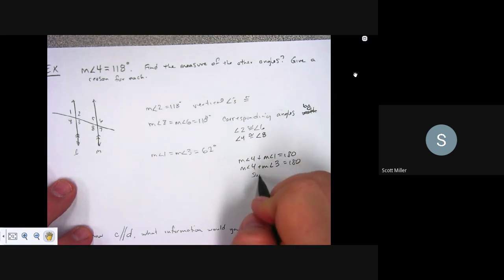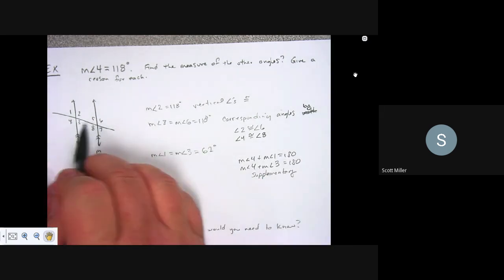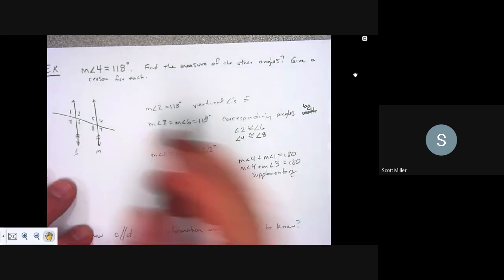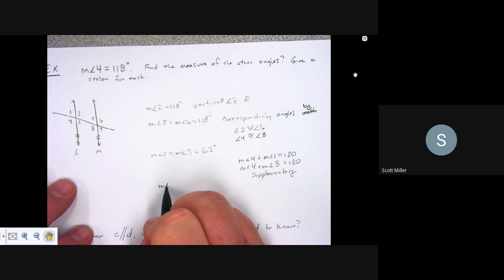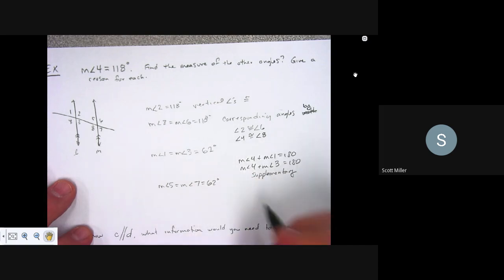They're supplementary. And I know that 3 and 7 are corresponding, and 1 and 5 are corresponding. So the measure of angle 5 and the measure of angle 7 are 62 degrees, because angle 1 is congruent to angle 5, and angle 3 is congruent to angle 7, because they are corresponding.